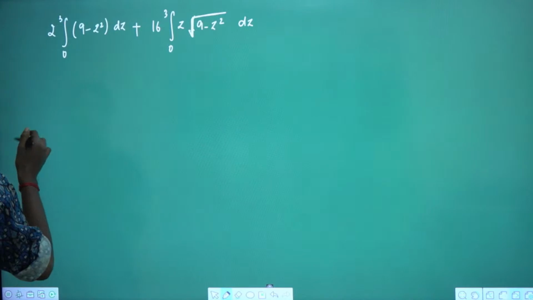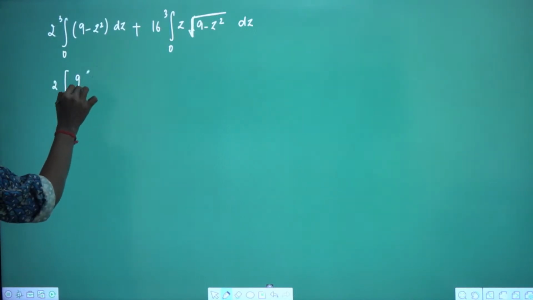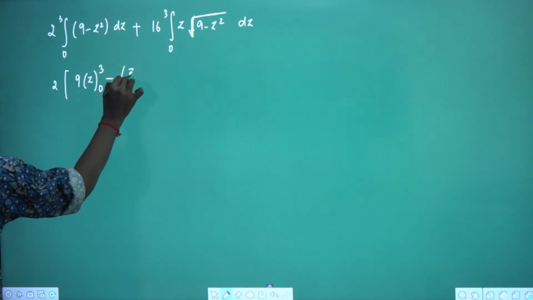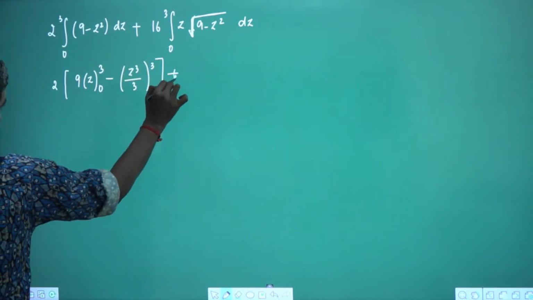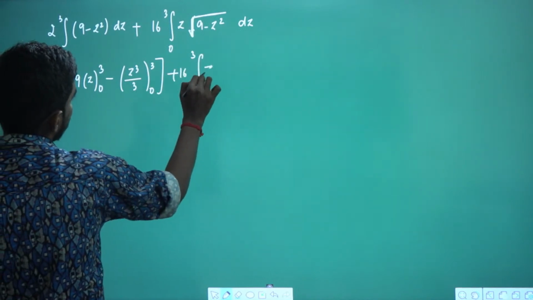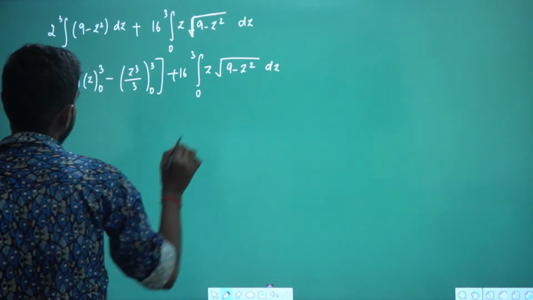Okay. So this is 2 times, 9 into integration of dz is z, 0 to 3, z square is z cube by 3, 0 to 3, plus 16 times integration of 0 to 3 z into root of 9 minus z square dz.